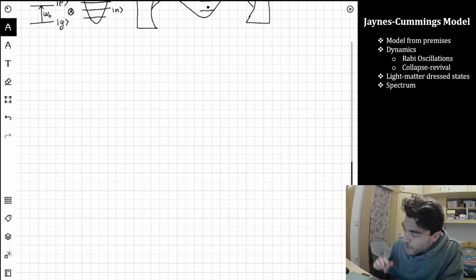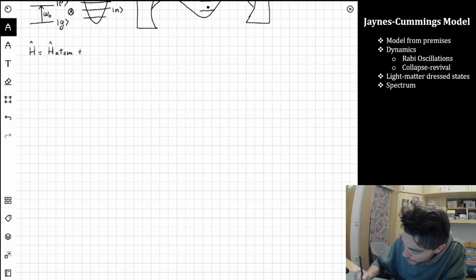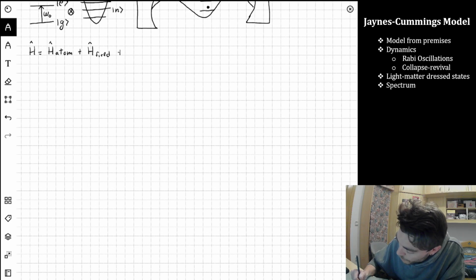Alright, so let's write the Hamiltonian of the system. The Hamiltonian of this system is naturally the Hamiltonian of the atom plus the Hamiltonian of the field, of light if you want, of the cavity, plus the Hamiltonian of the interaction between them.